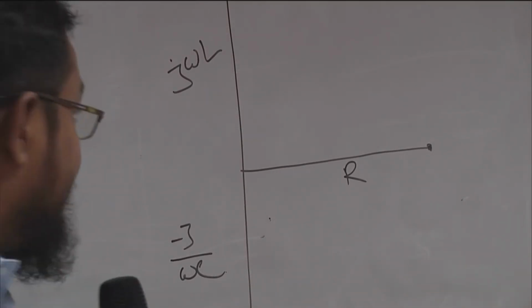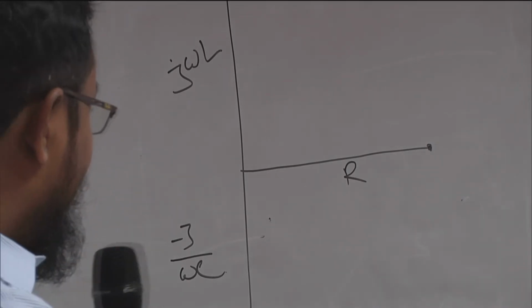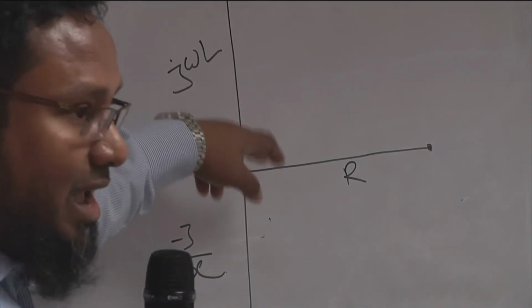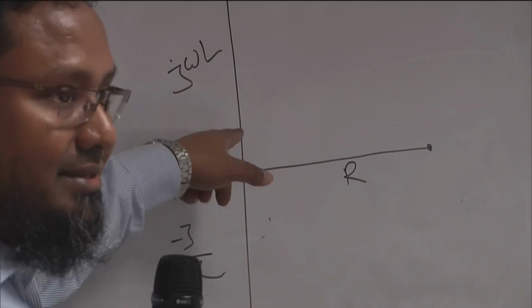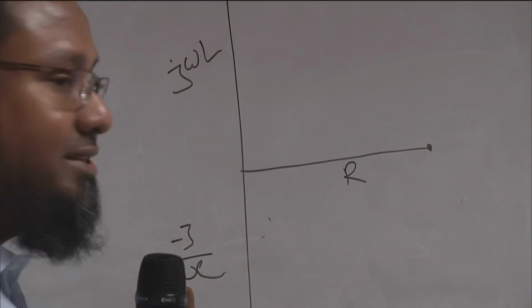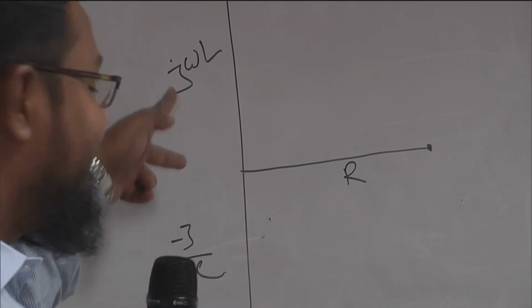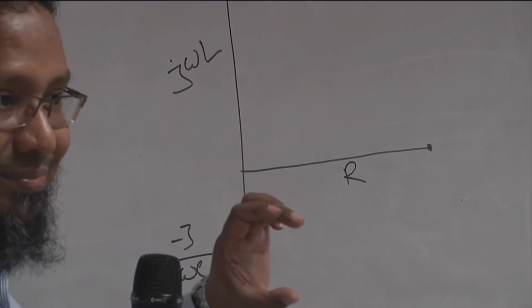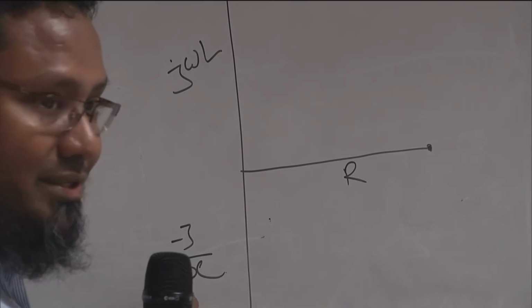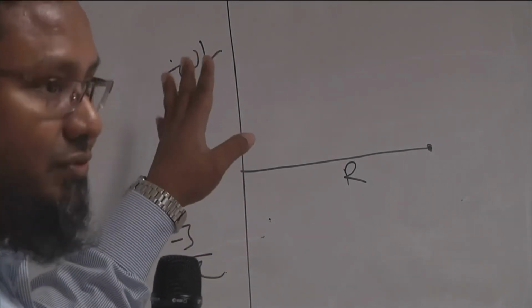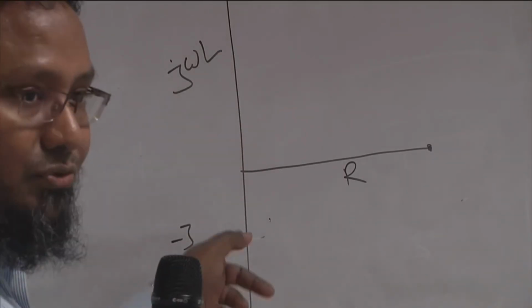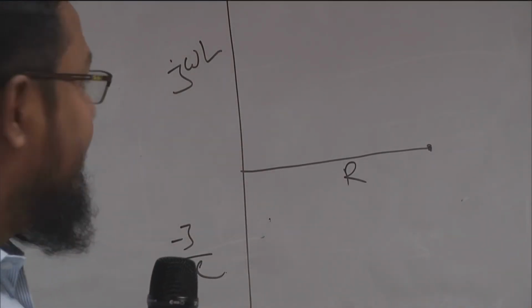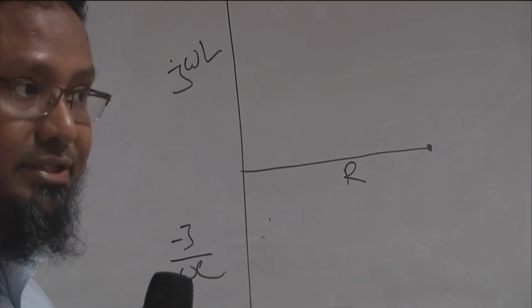In a very specific situation, these two reactances cancel each other out because the frequency is such that they become equal. You notice the dependence of these reactances on frequency. If the frequency goes up, this one goes up; if the frequency goes up, this one goes down, in magnitude. So there may be a certain frequency, which you can calculate.